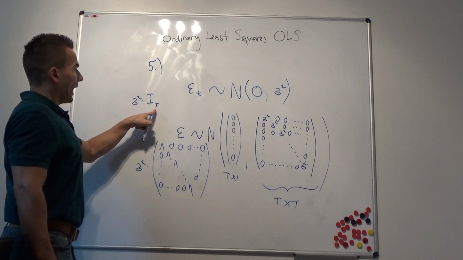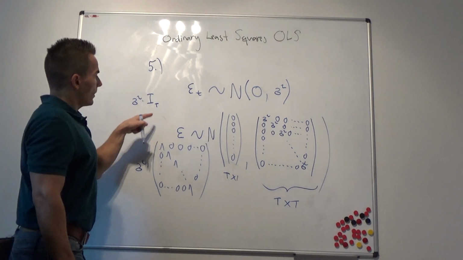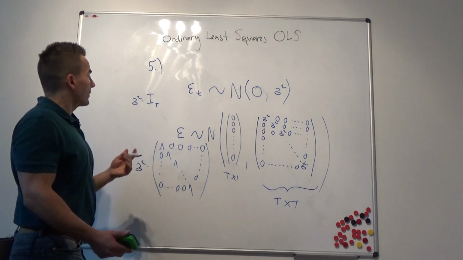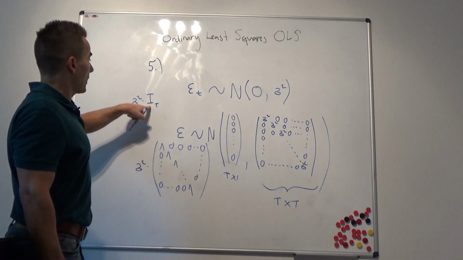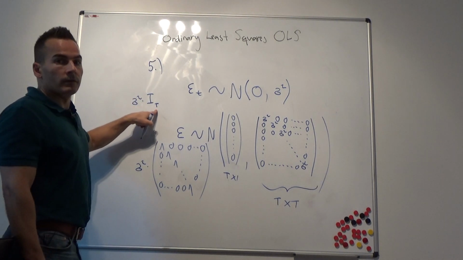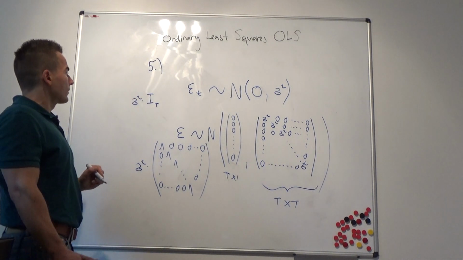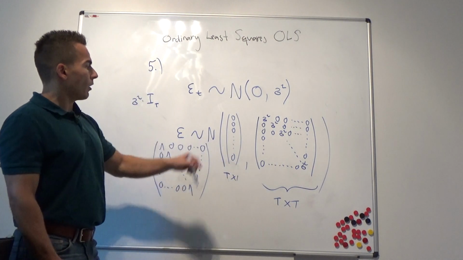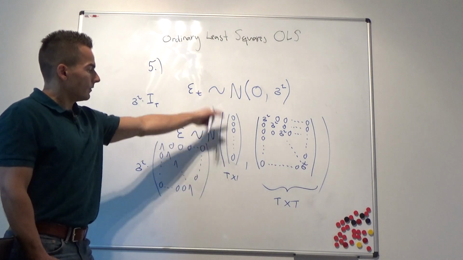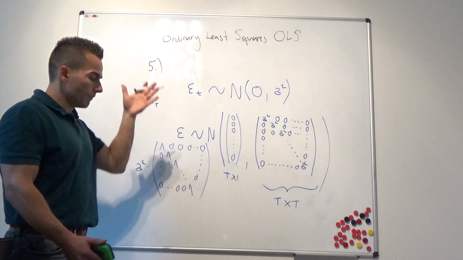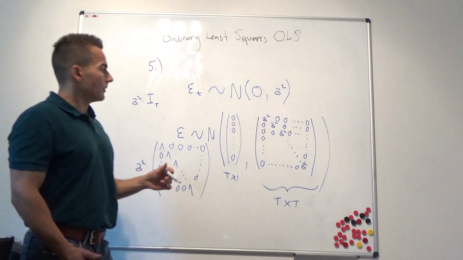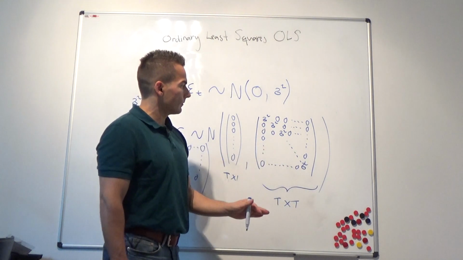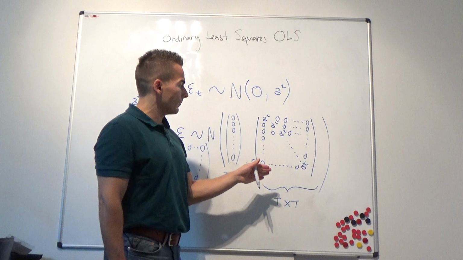And because the identity matrix is symmetric, if we write capital I t, we know that the dimension is t by t. Okay. So these are different expressions for the same thing. So multivariate normally distributed with a t by 1 vector of zeros defining the mean, and this matrix as the covariance matrix of the residual term.